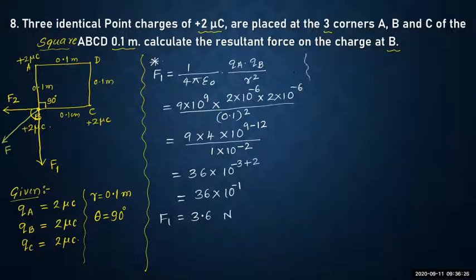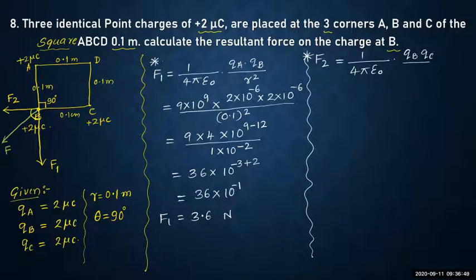That is F1. Any doubt? Any questions? Now go to F2, the second one. F2 is equal to 1 divided by 4 pi epsilon naught. See, it is the force between the charges at B and C. So I take QB and QC, divided by R square.